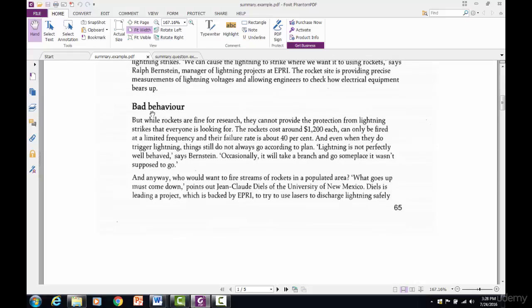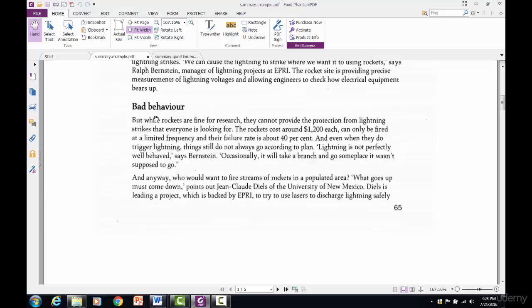I decided to look under this paragraph that says bad behavior because if it's talking about bad behavior, that's usually talking about something negative, and I'm looking for an object that's less dangerous than a laser.